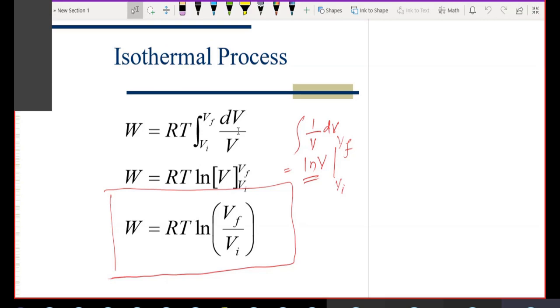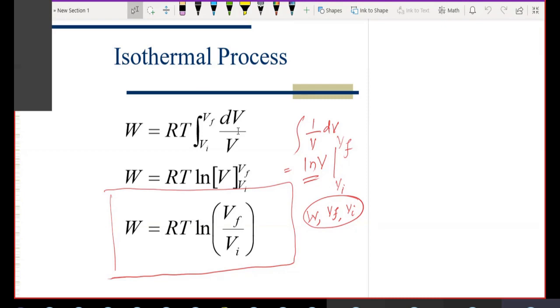In your problems, your questions, or your papers, you now have three variables, no? Work done, final volume, initial volume. These are the three variables that you have, and you will get any two of them, and you will be asked to calculate the third one.